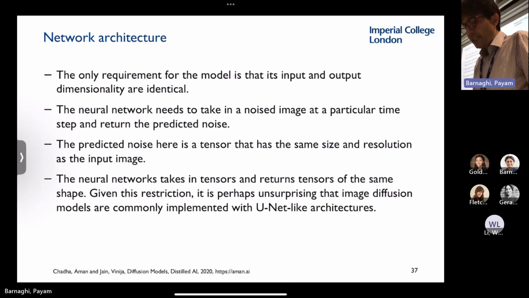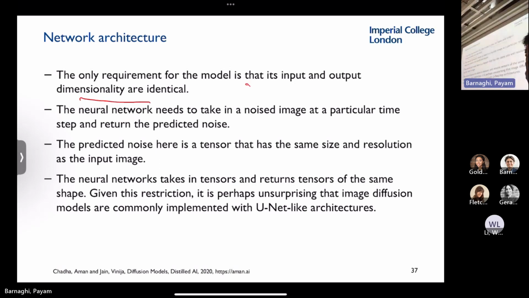The only requirement for the model is that its input and output are dimensionally identical. That's again another thing related to Fatima's earlier question. Like in a variational autoencoder, obviously you generate your Z, and you can control how many Z dimensions you want, but still what you generate as output has the same dimensions as your input when you're training your network.